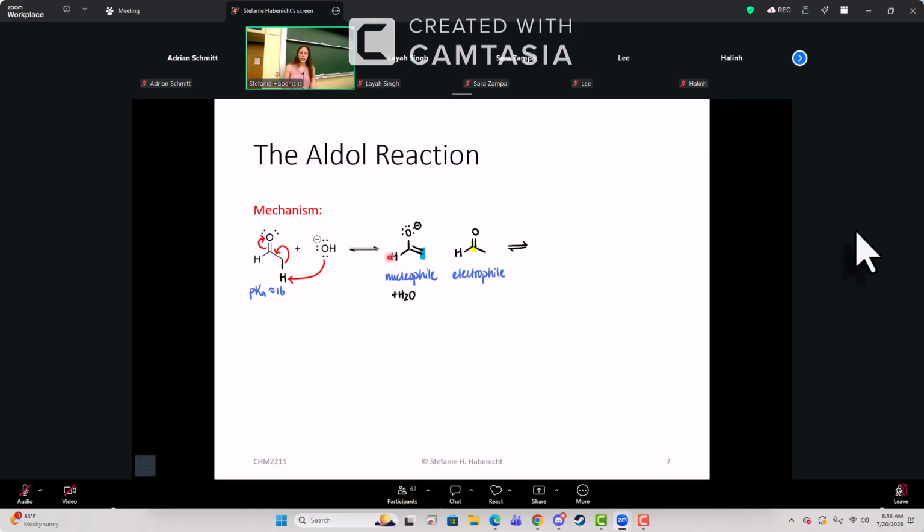Which side does the equilibrium lie to? Take into account the pKa of your acid. Here's the pKa of your acid. Consider the pKa of the conjugate acid. Which side does the equilibrium lie to? It's a trick question. Neither? Because the pKa's of the acid and conjugate acid are the same, 16 and 16.